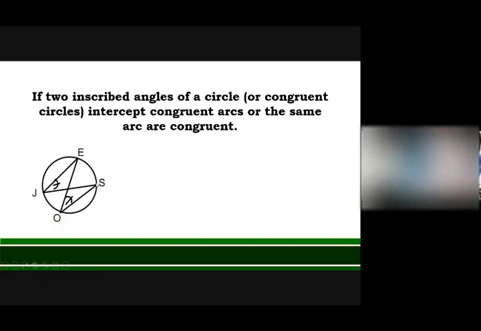Kung iisang intercepted arc lang yung kanilang dinaanan, it means those inscribed angles are congruent. Okay po, kapag yung inscribed angles natin ay isang intercepted arc lang ang dinaanan, then the inscribed angles are congruent. Okay.